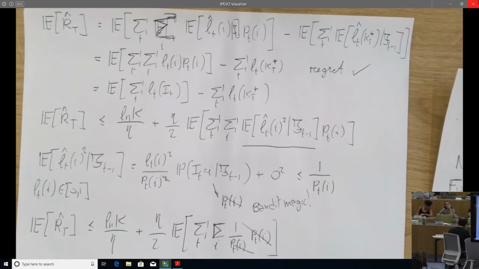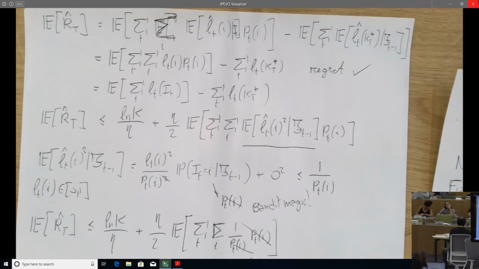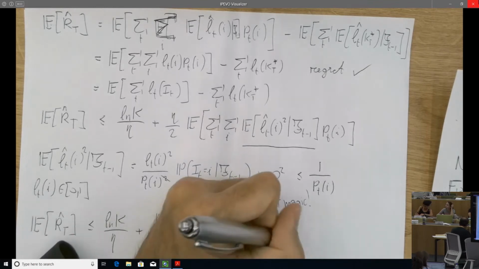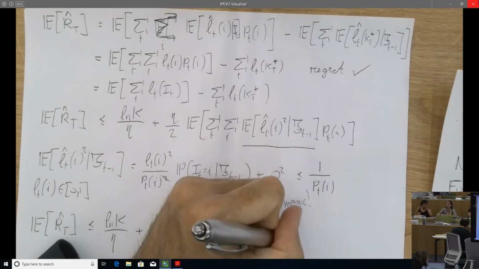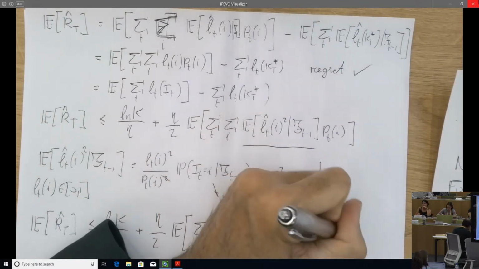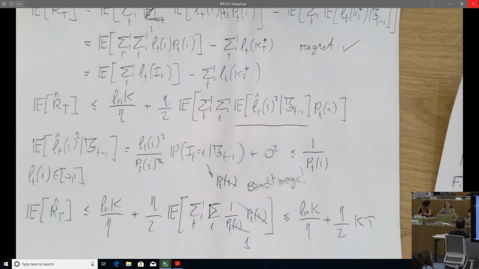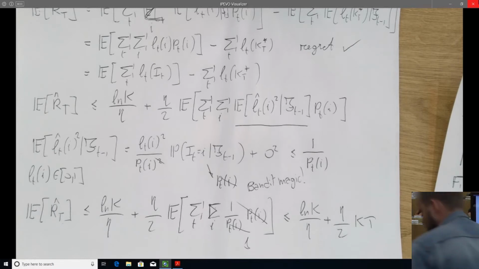Okay, so now these are ones. How many times am I summing these ones? K times and T times. So T times K. At the end of the day, I get that this is at most ln K over eta plus eta halves KT. So that's it. We've gotten a bound on the regret, which depends on eta. Now all that is left is to choose eta.